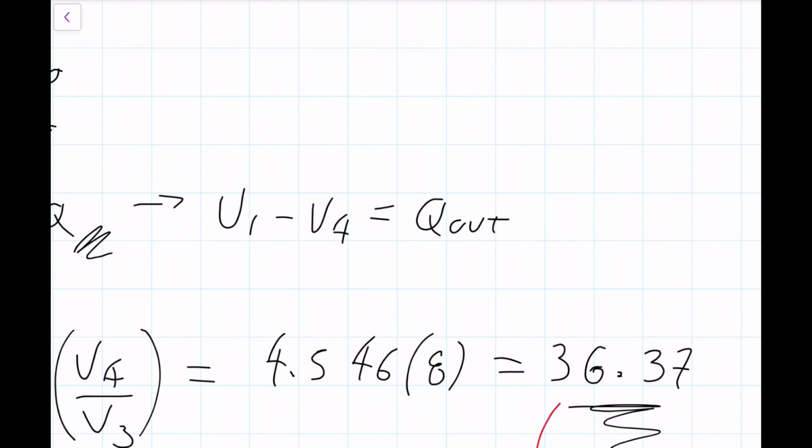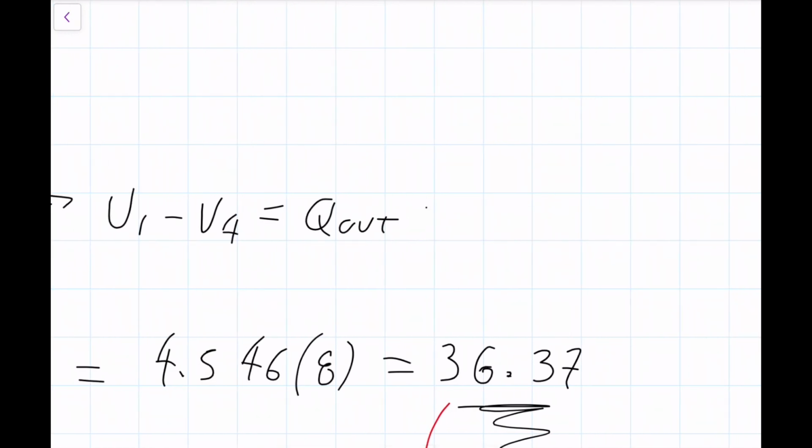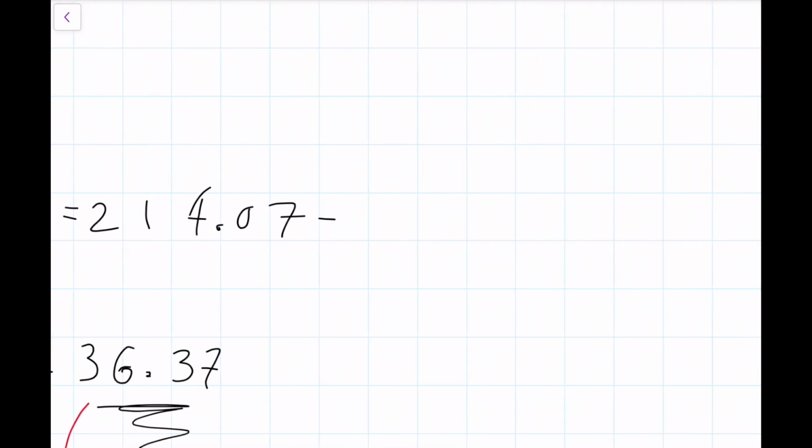And in this case we're going to have 214.07 minus the 659.7. Okay, so I got that Qout is going to be a negative because I did final minus initial.